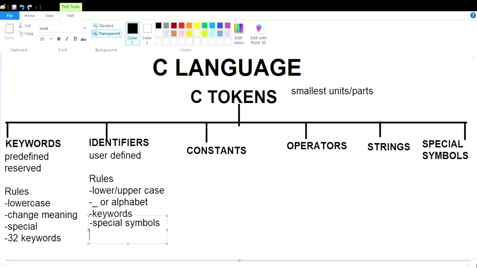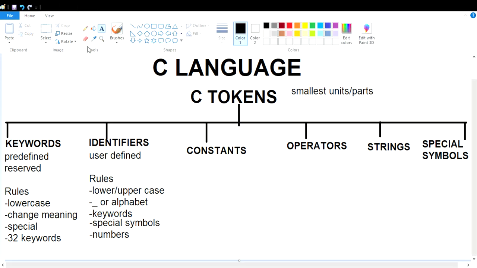What is meant by special symbols: comma, full stop, exclamation. These are not allowed while we are writing the identifiers, and numbers are allowed in the identifiers.